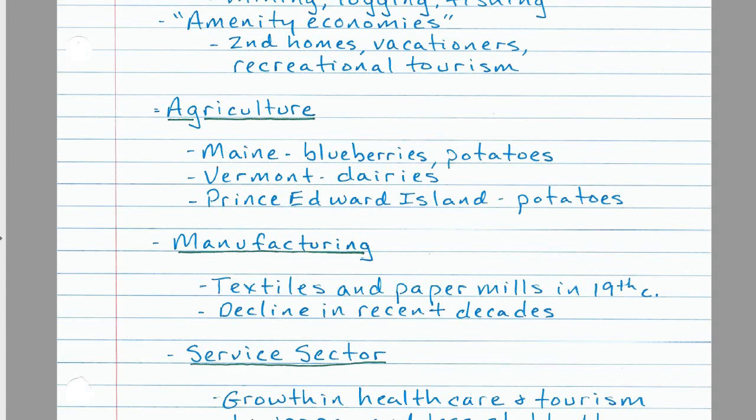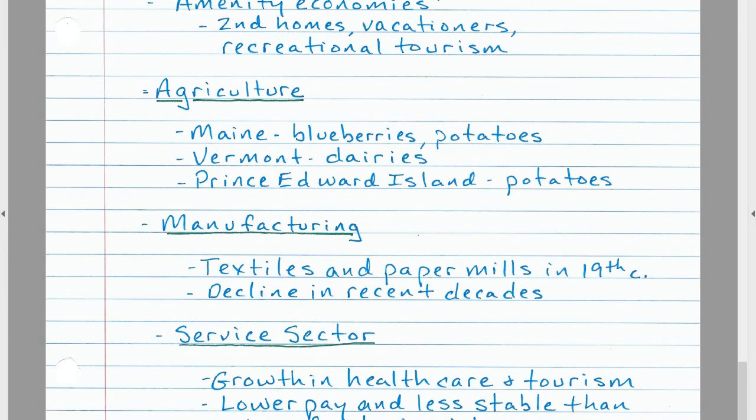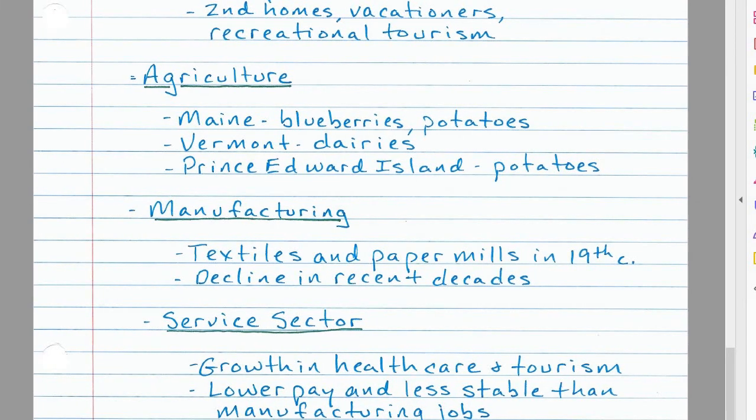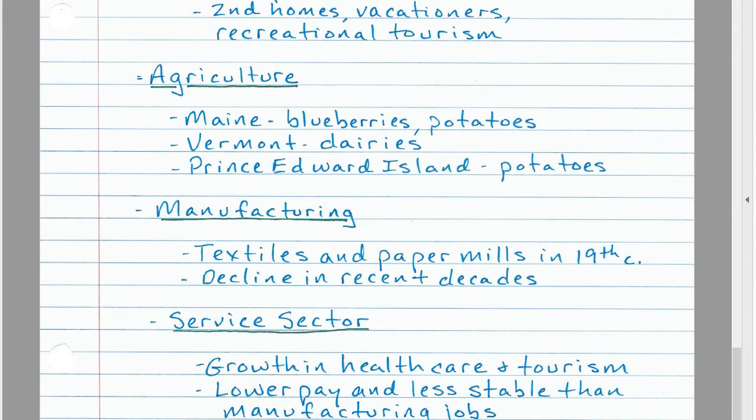When we get into the secondary sector, manufacturing has really been in decline in recent decades. This area in the 19th century was really known for textiles, paper mills, and so forth, but much of that has disappeared in recent decades. So many of the jobs in this economy that remain are in the service sector, the tertiary sector.